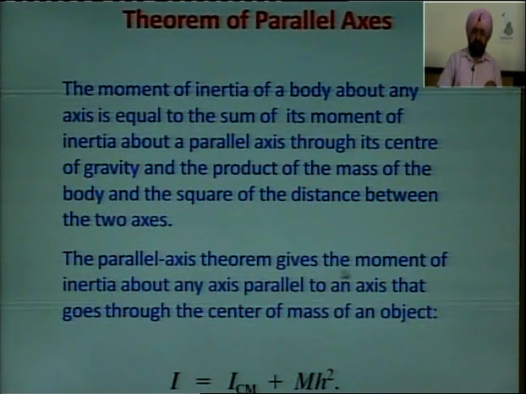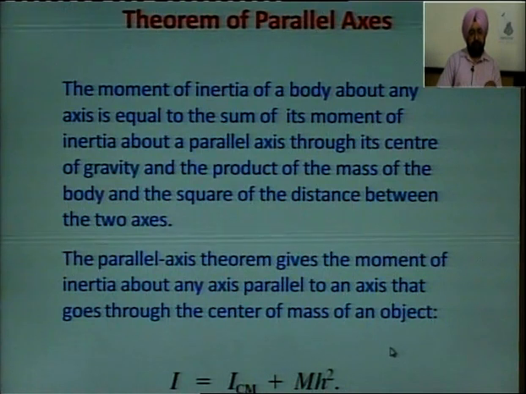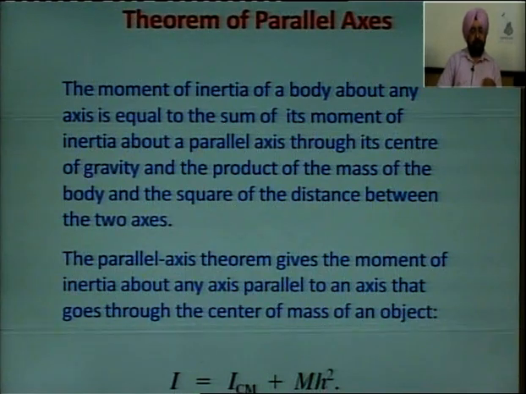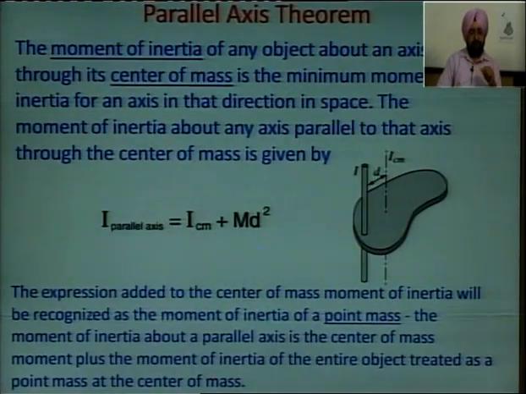So, the parallel axis theorem gives the moment of inertia about any axis parallel to an axis that goes through the center of mass. Simply, it is equal to the moment of inertia through the center of mass plus the total mass of the body multiplied by the square of the distance from the center of mass to the axis where you want to find the moment of inertia.